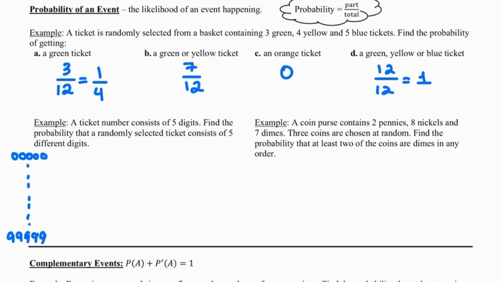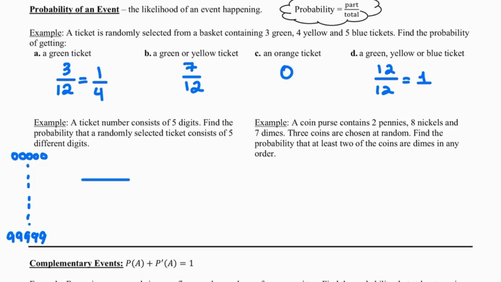Well, you have to figure out how many tickets have 5 different digits. And you don't want to list them all out because that's going to be a lot. There's going to be 30,240, spoiler alert. But how can I count all of that without counting the 30,240 tickets?